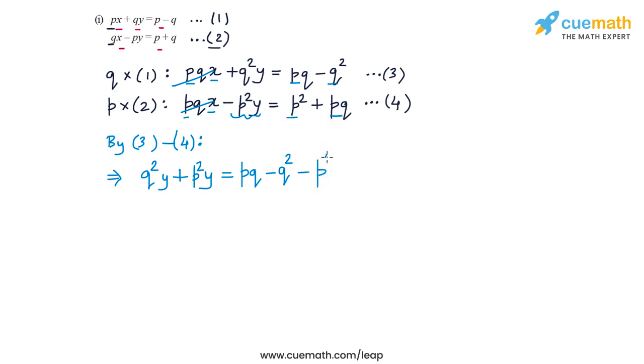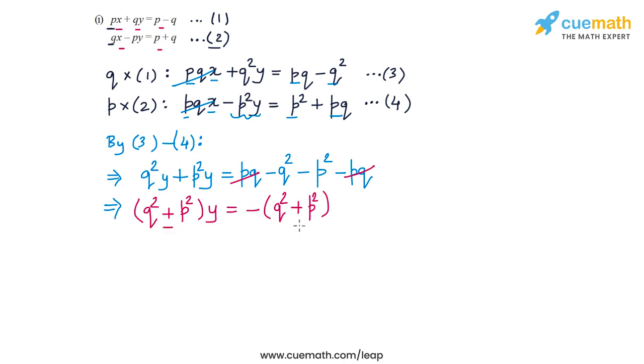So if I take y common, I have q square plus p square times y, and on the RHS the pq terms cancel out and I have minus q square plus p square.